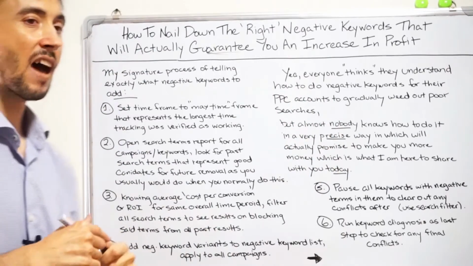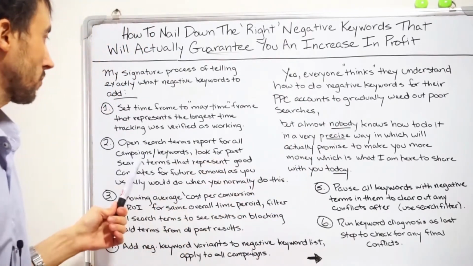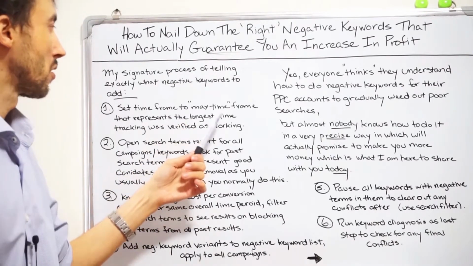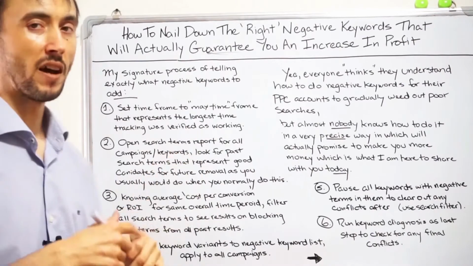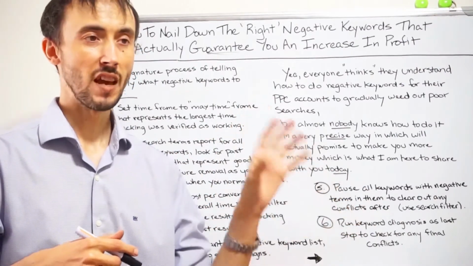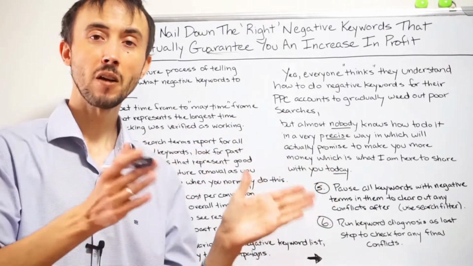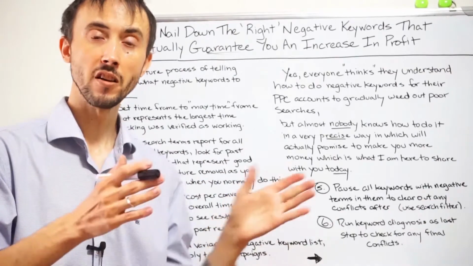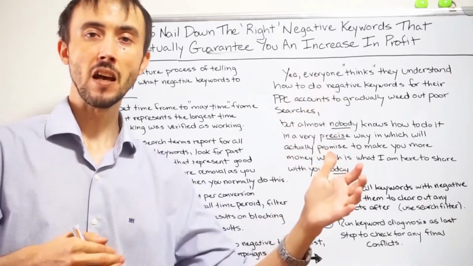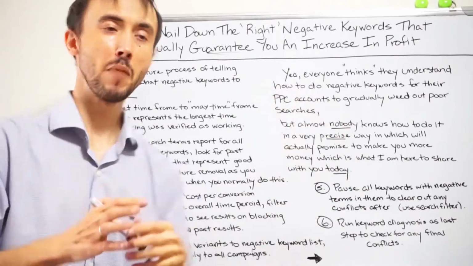So if you have that and you have at least 3 months worth of data, or at least 1,000 clicks, then you're going to open the search terms. And going back to this, by the way, if the tracking has been working for more than 3 months, let's say 2 years, where your tracking was verified to have worked for 2 years, you're going to set the time frame as 2 years to get the maximum amount of data to do this method and get the maximum benefit from it.